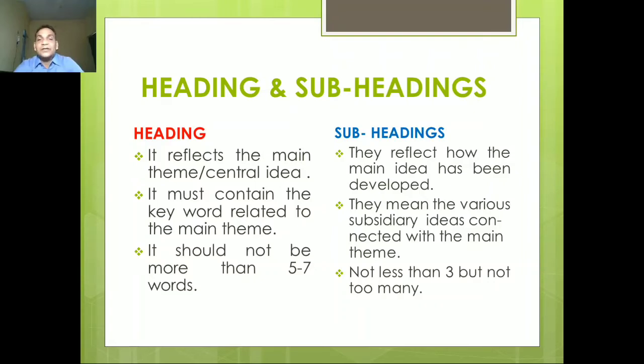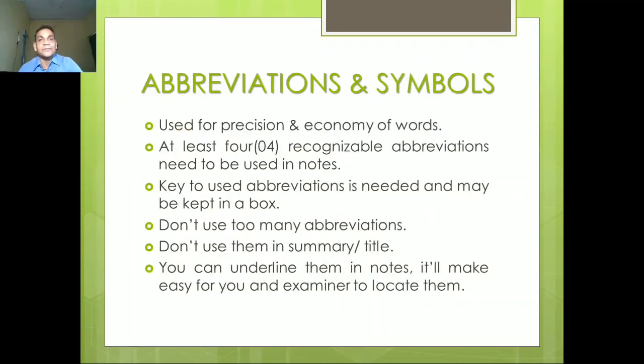These subheadings should not be less than 3, but they should not be too many. So the ideal number of subheadings is 3 to 5. 3, 4, 5 is sufficient. So heading and subheading should be written keeping in view the points that we have just discussed.